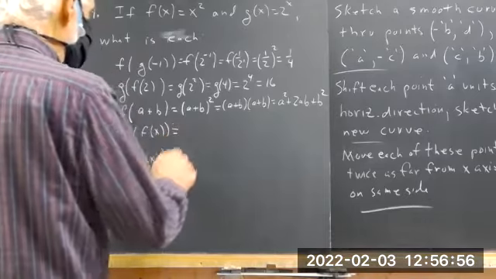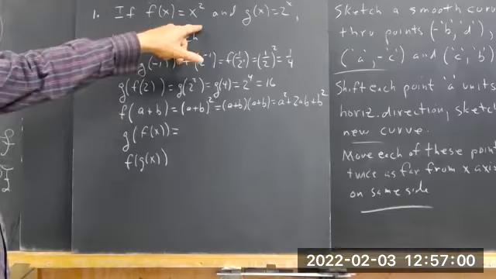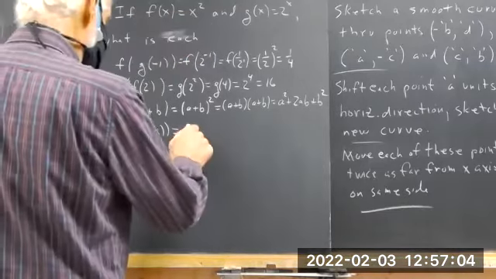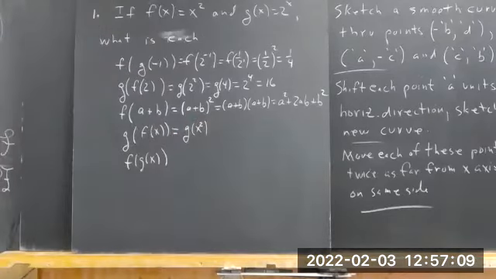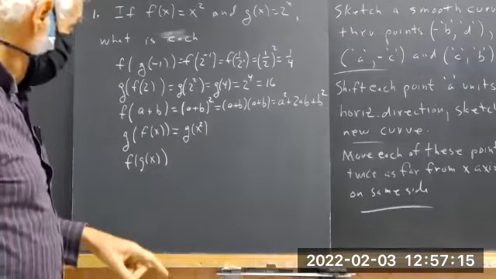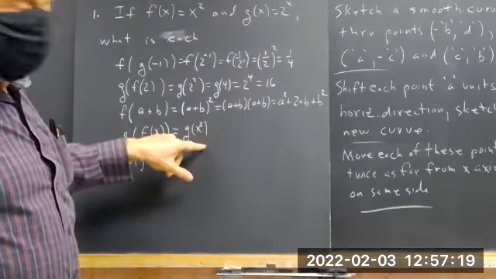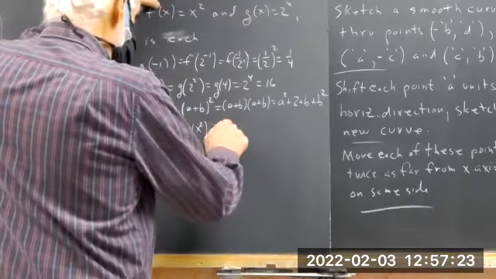Then what's g of f of x? Well, f of x is x squared, right? So that would be g of x squared. And what's g of x squared? You're replacing x by x squared. If you replace x up here by x squared, you get 2 to the x squared.